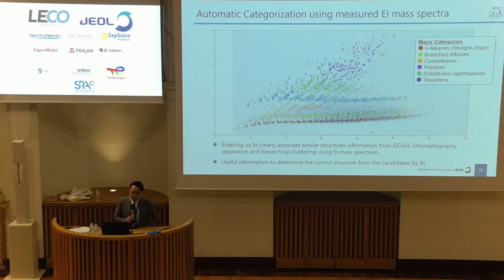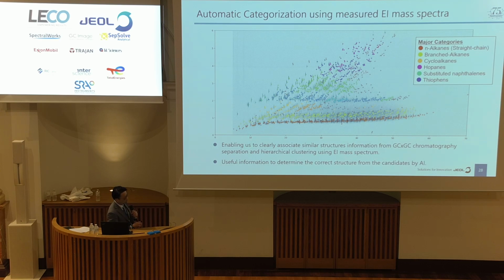This is another feature of the software. We have automatic categorization using the measured EI mass spectrum. Of course, similar structure compounds have very similar EI mass spectra, so in that case we can use this kind of classification.